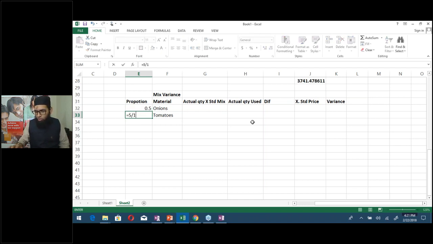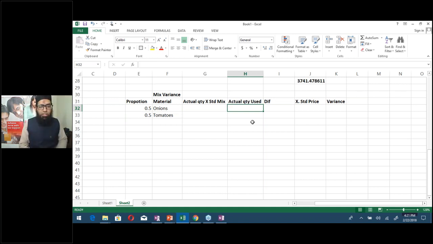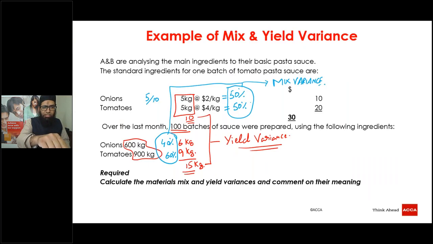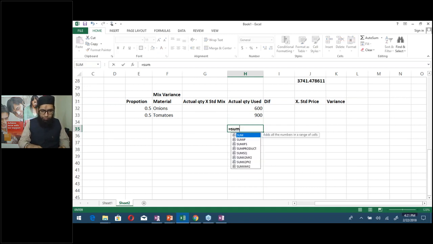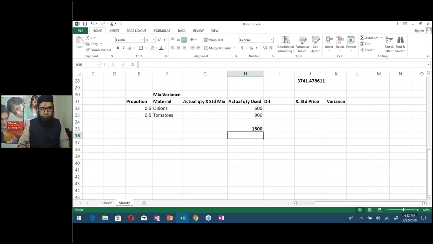And this is the same for tomatoes too. Now I will write the values in the actual quantity used. The actual quantity used is 600 kgs of onions and 900 kgs of tomatoes. And then I will total it. So the total usage is 1500 kg.